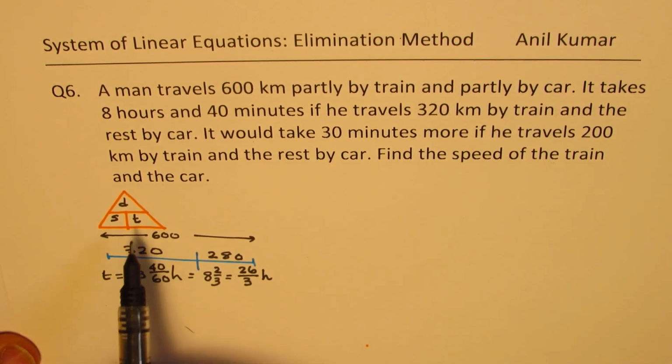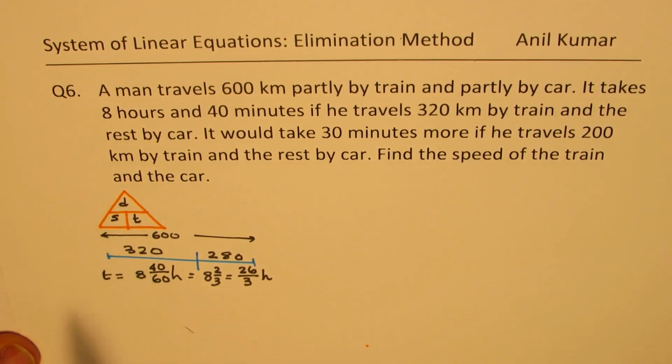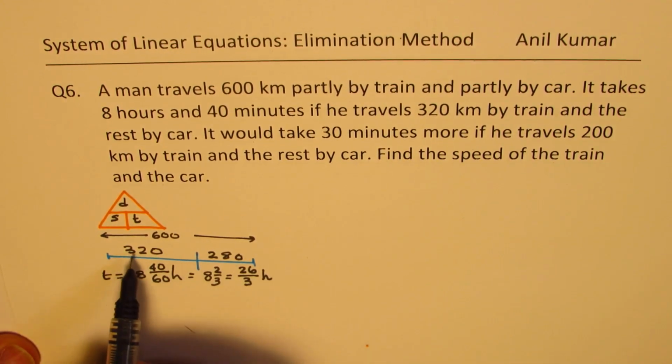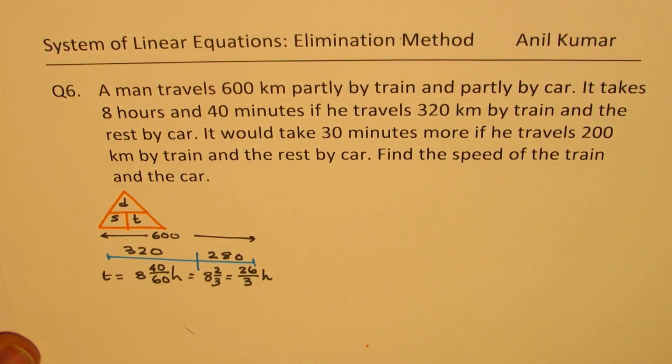Now time is distance over speed. So let us say that the speed of train is capital T. So time taken for train is how much? Let's write this equation here.